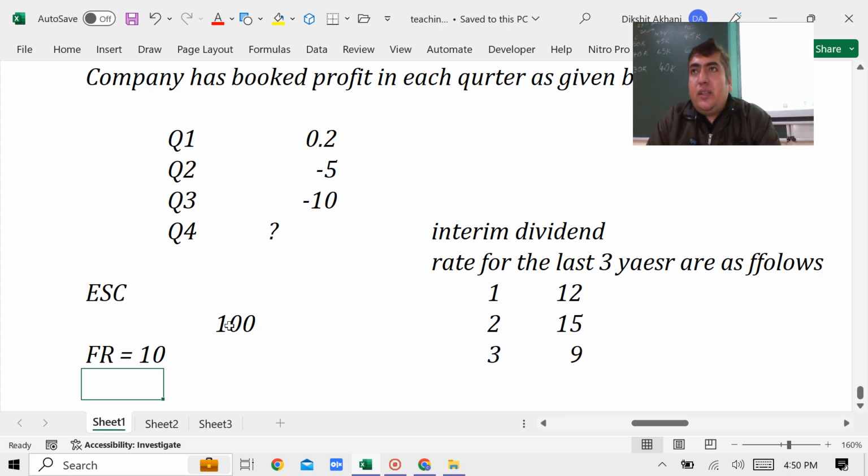Keep this in mind: interim dividend means the dividend declared between two AGMs. Final dividend is a different concept, declared in the annual general meeting. Interim dividend is declared somewhere in between two AGMs, not exactly in the middle of the year, but somewhere in between.